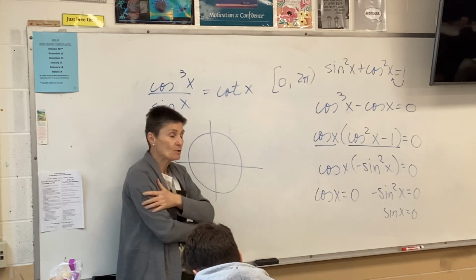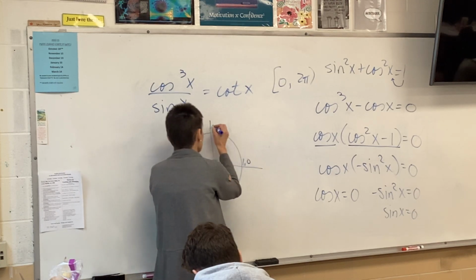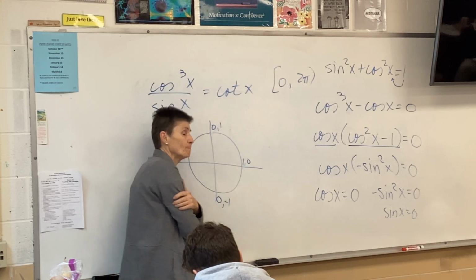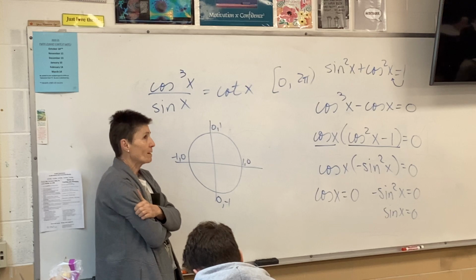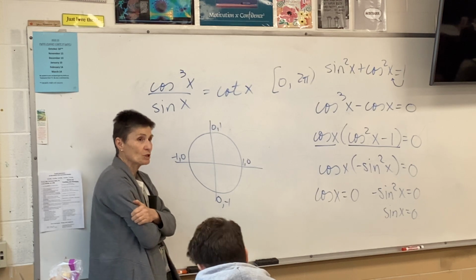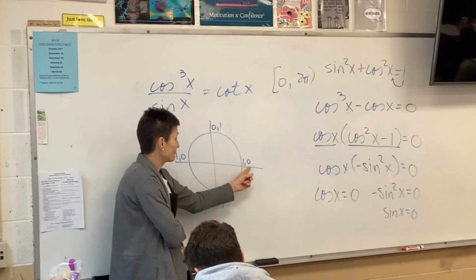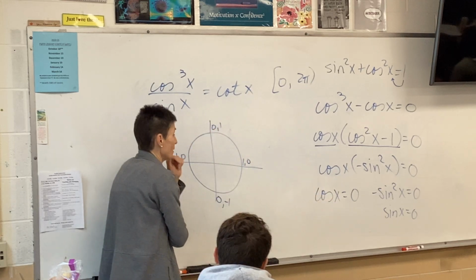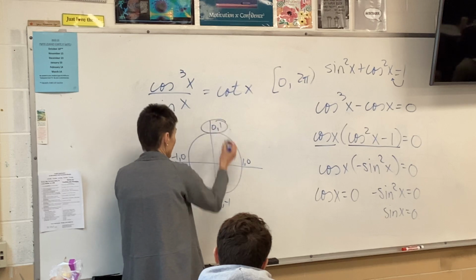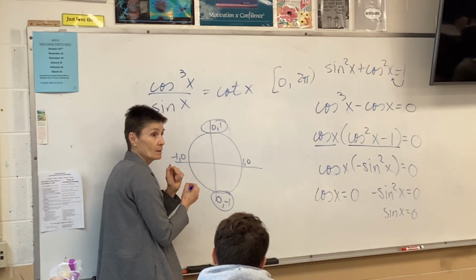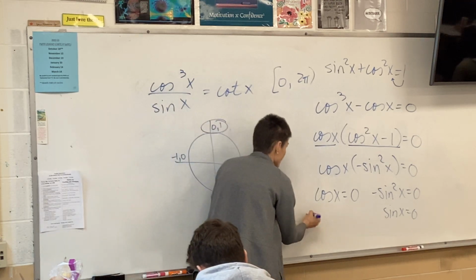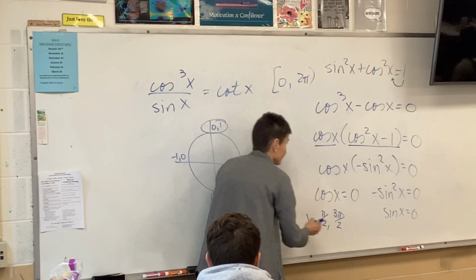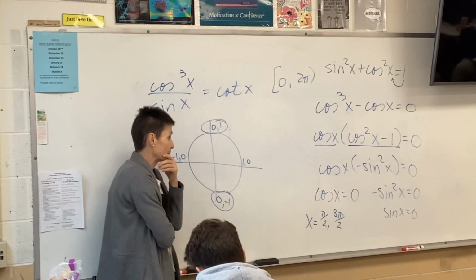So I'm looking at my unit circle, looking around at all of my quadrantal angles. So much to remember. Cosine is which letter, x or y? X. So if I want the x to be 0, then I'm looking here or here. So those angles are pi over 2 and 3 pi over 2. I'm in radians.